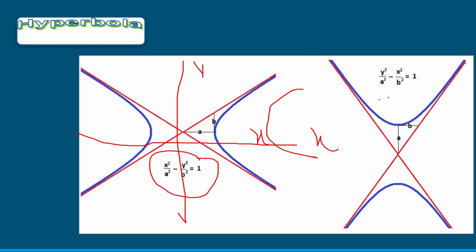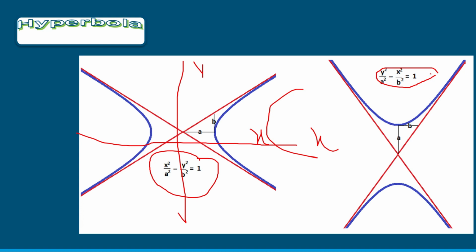And if you observe this picture in the second one, y square by a square minus x square by b square, if you interchange the values of x and y, then you will get the diagram in the opposite manner. It means that if you write the equation x square by a square minus y square by b square is equal to 1, you get the curves in one way, in the general position.